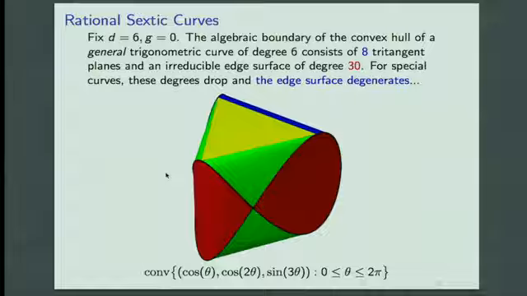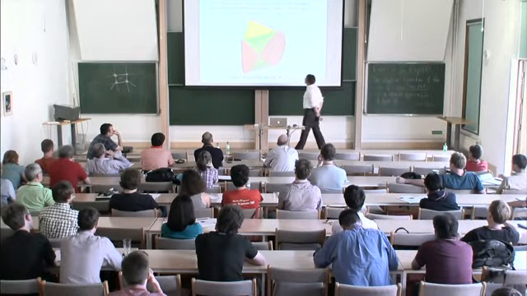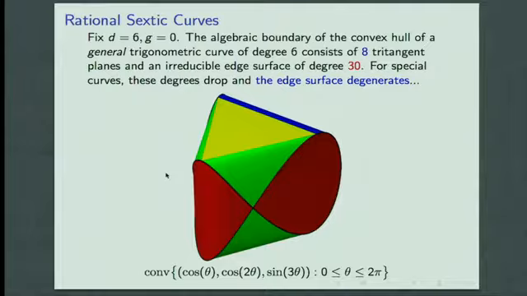For this very special trigonometric curve, we get this colorful cheesecake picture that you saw in Tim's talk already. The curve again here is in blue. It comes up, it goes down in the back. There are some triangles. And then I think the green surface has degree 14 or 16.